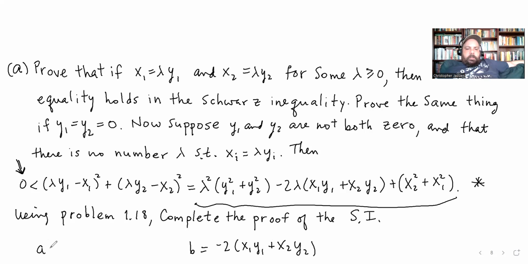A would be y1 squared plus y2 squared, and c would be x2 squared plus x1 squared. Or even more simply, I can just factor out a.